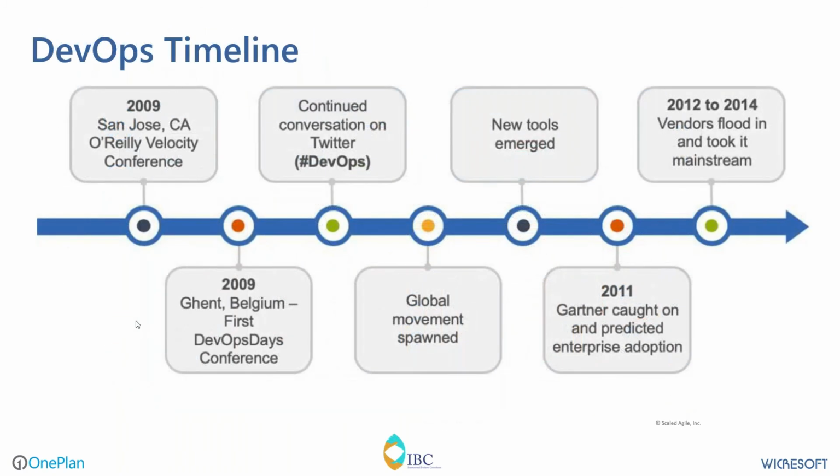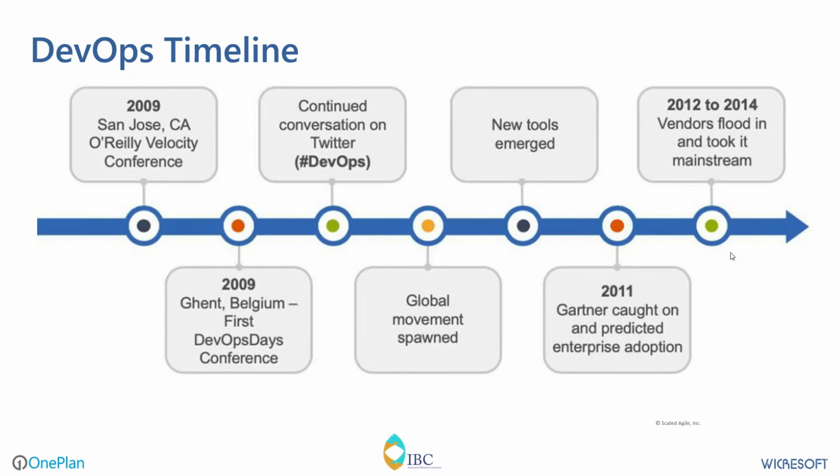So for those that need perspective on the DevOps timeline, this is not a new concept by any means. You can see here some critical dates of when DevOps got into the mainstream. We started really in 2009, and by now, this is an adopted best practice in terms of creating value within development organizations.